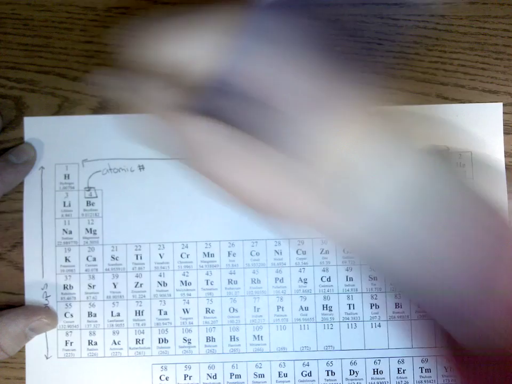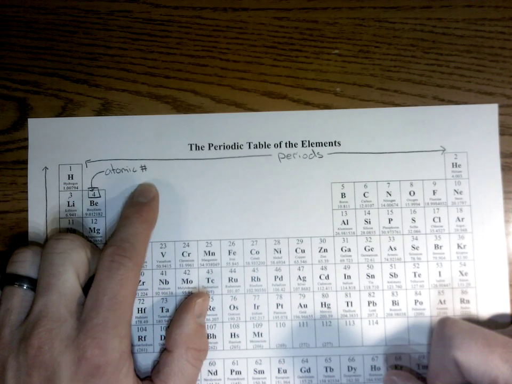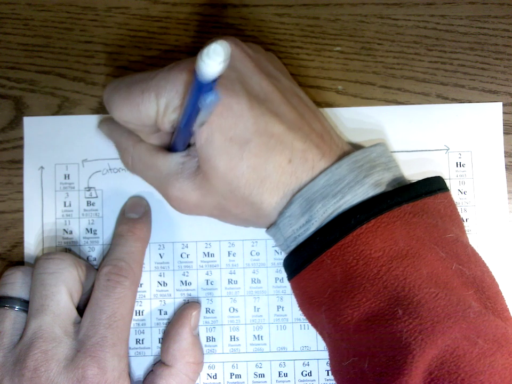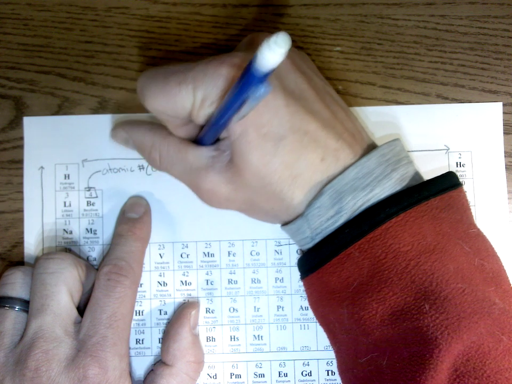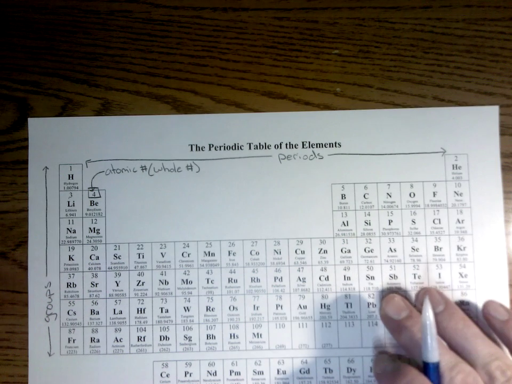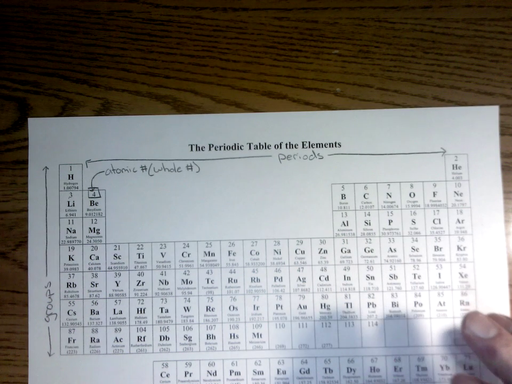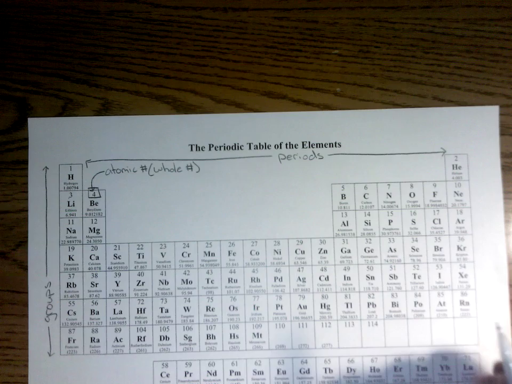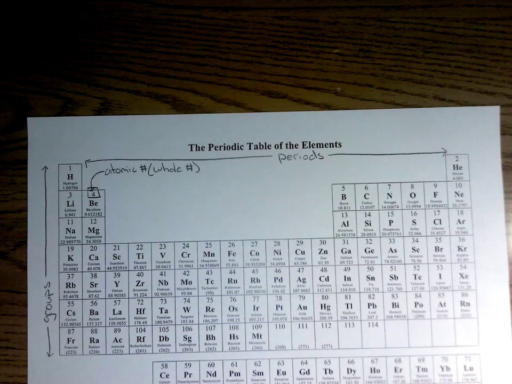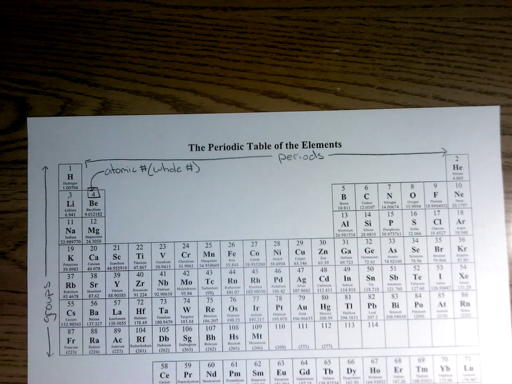And I'm going to use the hashtag symbol for number. But the atomic number, I'm going to put in parentheses, is a whole number. Okay? Then what you have below there is either the 1 or 2 letter combination. So right here, and I'm going to use a different pen, right here for beryllium has the symbol Be.